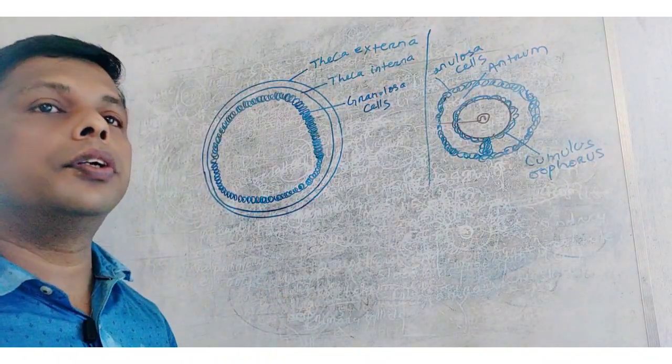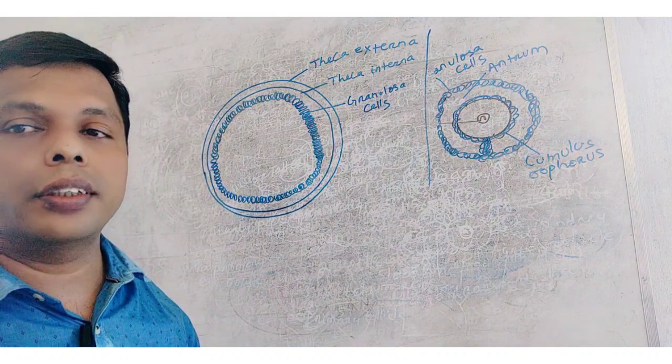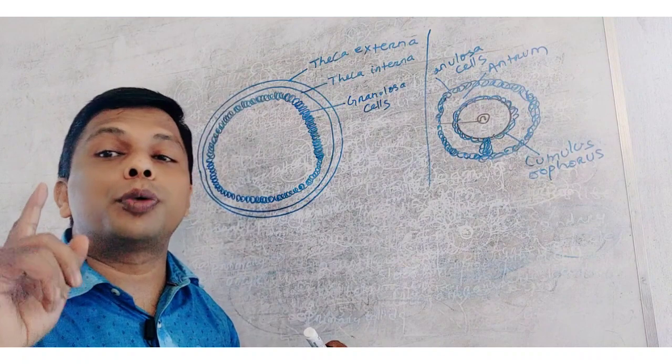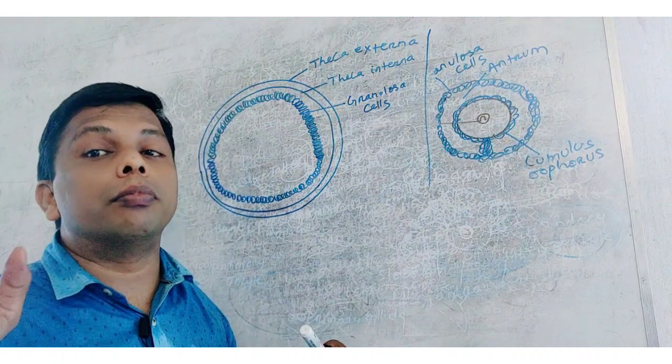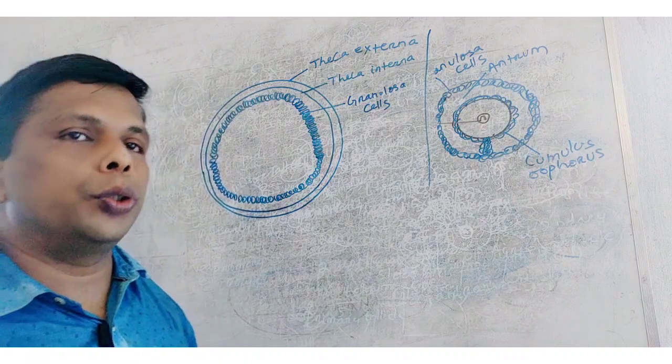Remember, the theca interna produces estrogen. Estrogen is produced from the theca interna, not from the whole Graafian follicle. Clear?